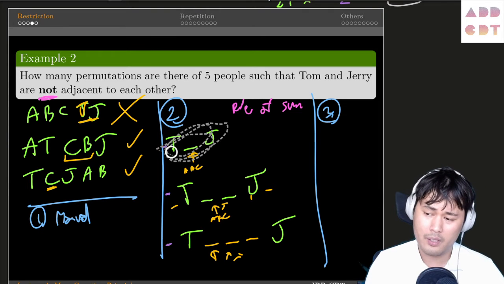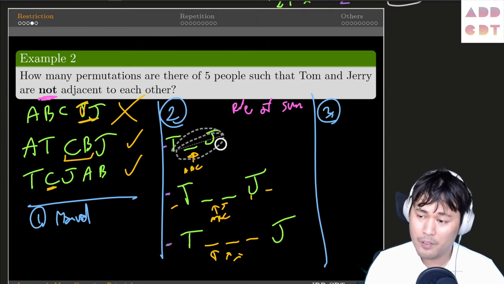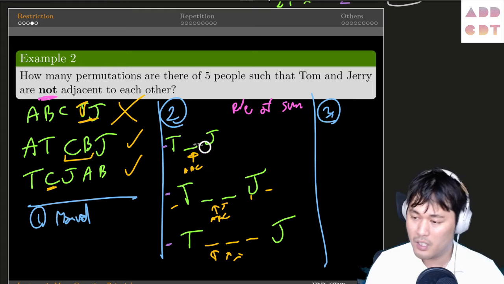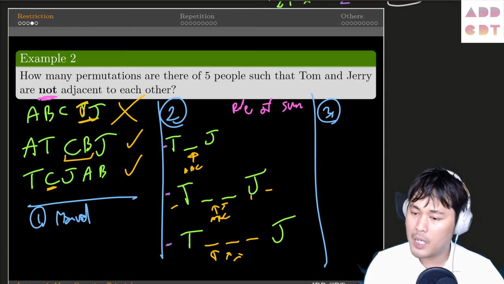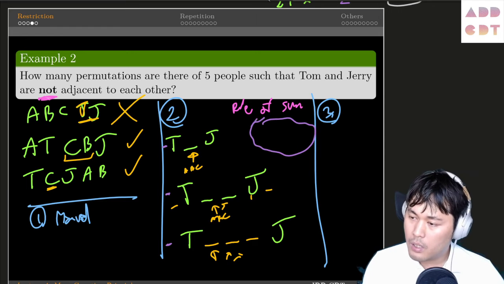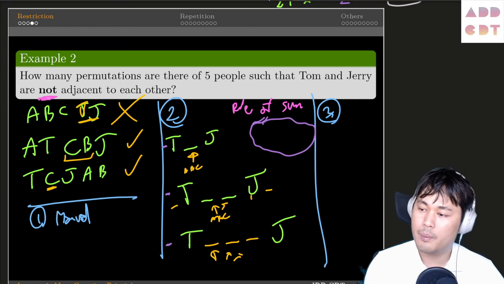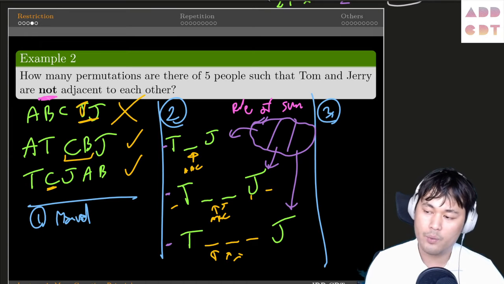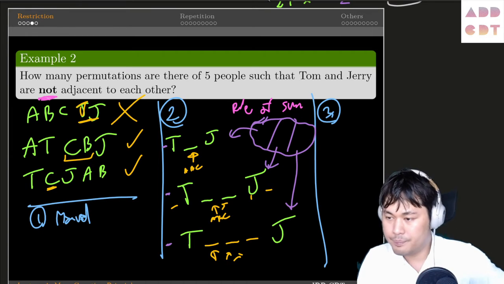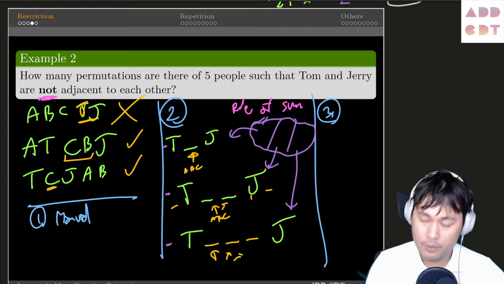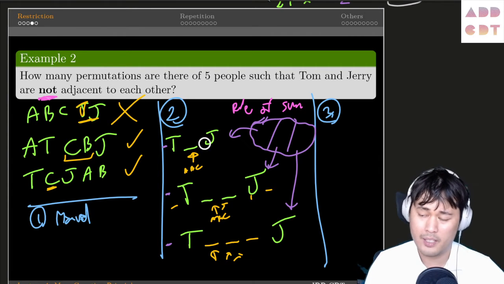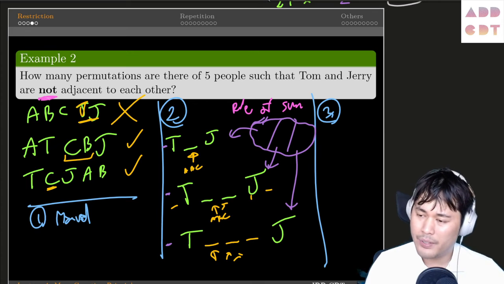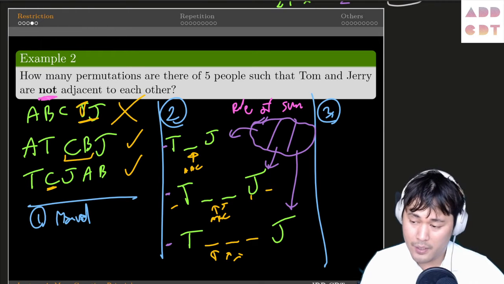If there is one person in between, then this permutation is not going to appear anywhere else. And so out of all eligible permutations, we can partition them into three cases. Right, so now we can use the rule of sum and count each of these separately, one at a time.